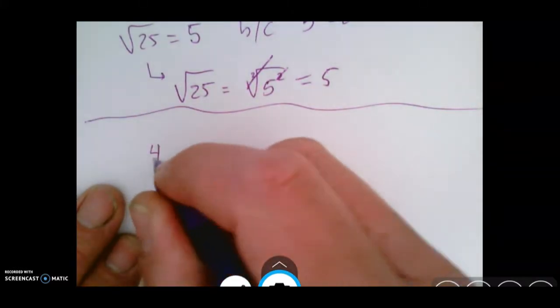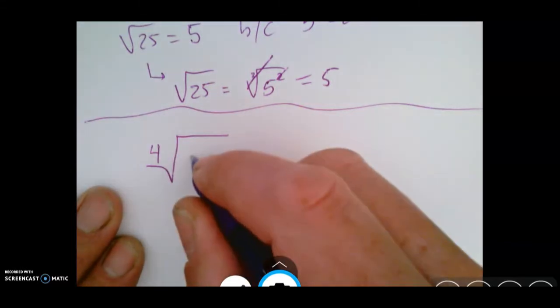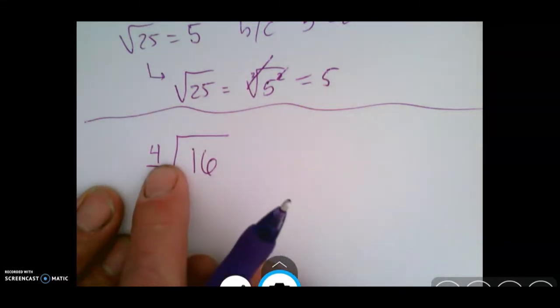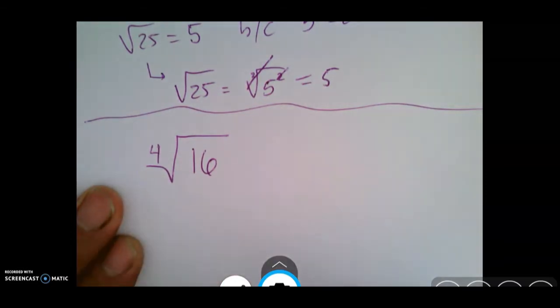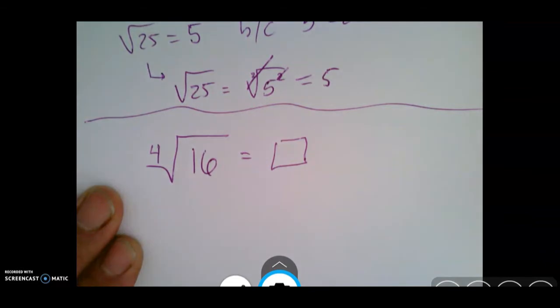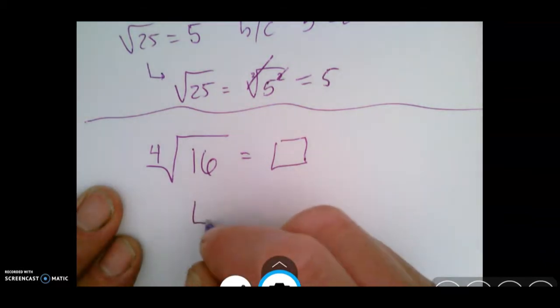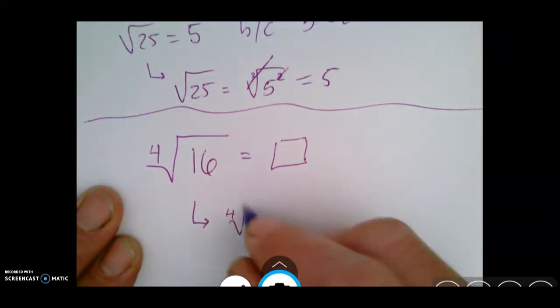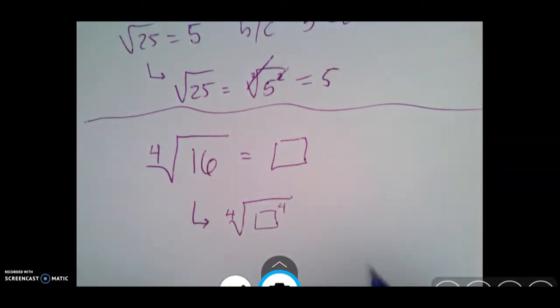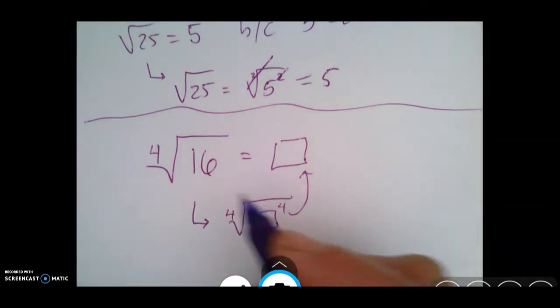If we have the fourth root of 16, you're not asking what's 16 divided by 4, that's the confusing part. You're asking what number to the fourth is 16. What we have to do is think the fourth root of what to the fourth, and that's the answer. How do I know that?